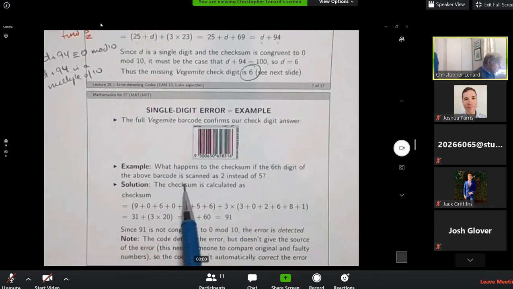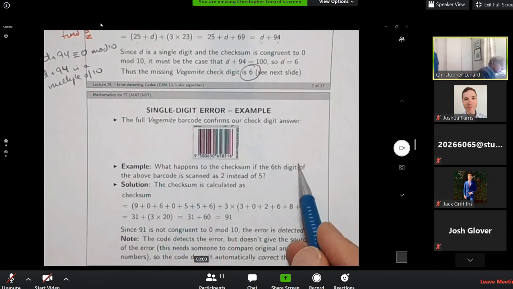So what would happen if the scanner, or somebody writing this down, wrote down 93006, and then instead of writing down 5, wrote down the 6 again? So what would happen?